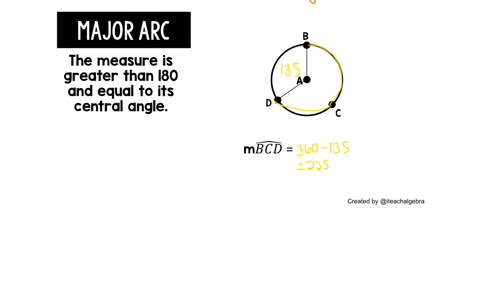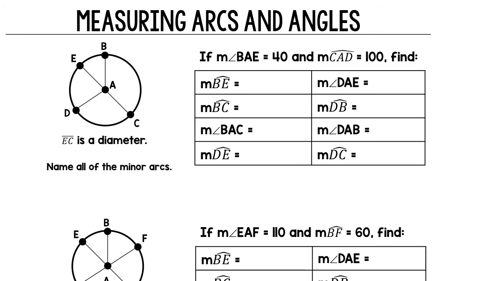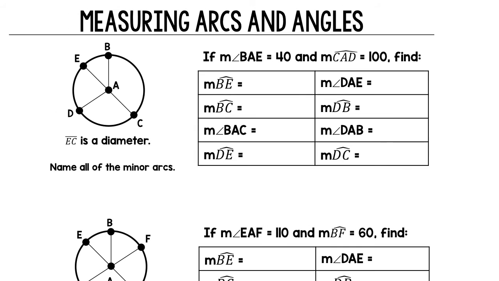All right, so now that you know the basics about arcs and angles and how we measure them, let's put this into practice. EC is a diameter in this circle. We want to name all of the minor arcs. Well, let's just go around the circle.